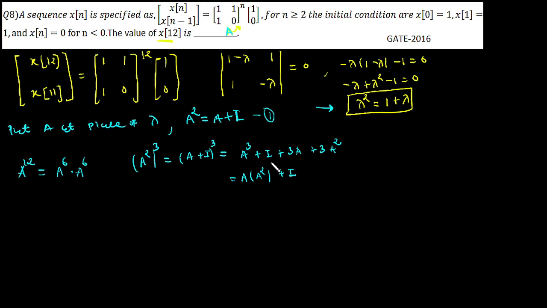This identity matrix remains as it is, plus 3A. Now replace this A square with A plus I, and again replace this A square with A plus I.